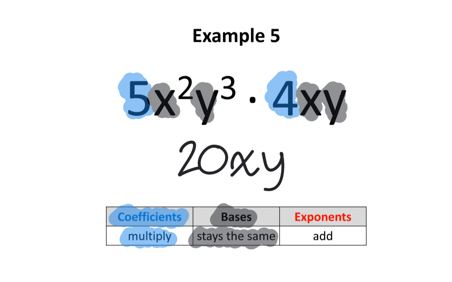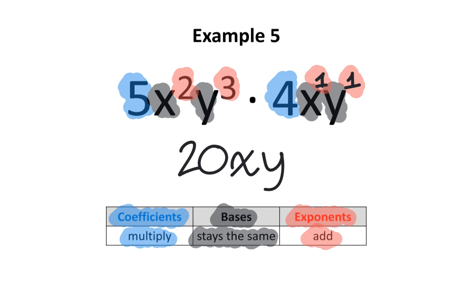The last step of the product rule is to look at the exponents of the term. The exponent over here would be 2. There is no exponent over here, but that just means that there is an invisible 1. Meanwhile, the exponent over here is 3. And again, there is no exponent over here, but that just means that there is again an exponent of 1, and it is hidden.